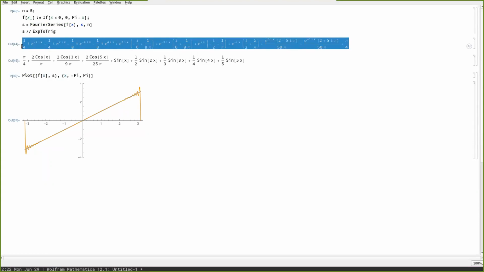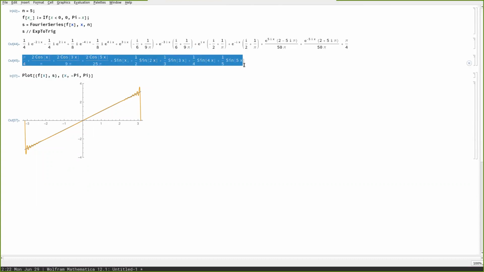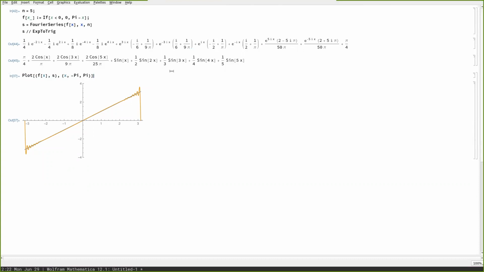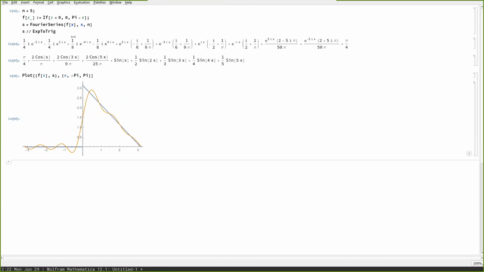I have the complex form, and then I turn that into the more comfortable cosines and sines. I'm going to plot my function along with this series, which only goes up to the n equals 5 term. And you can see that the gold combination of sines and cosines is following along pretty closely to the blue function.